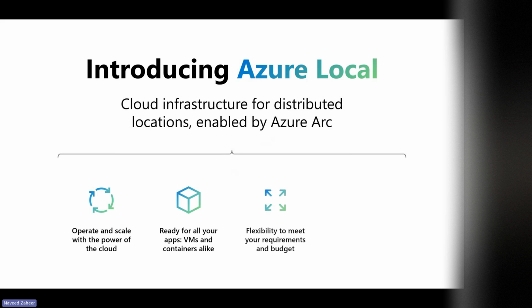And let's talk about Azure Local. The key pillars: as I said, this is a footprint of Azure in your own data center. The first pillar is the ability to operate and scale with the power of the cloud.